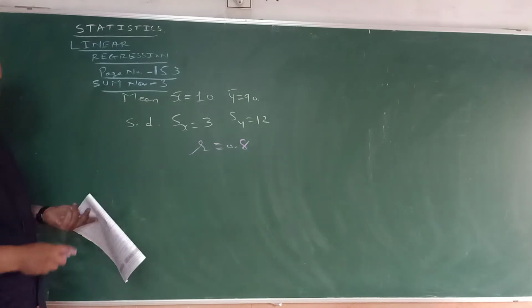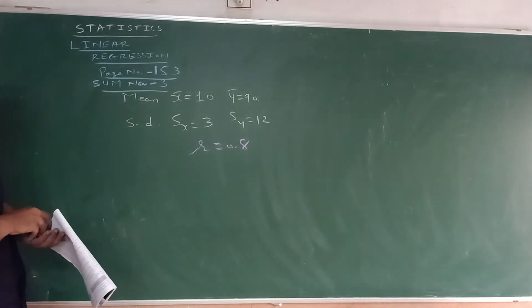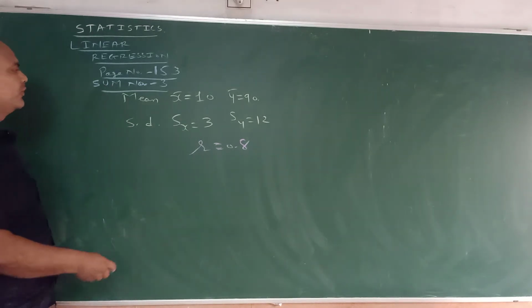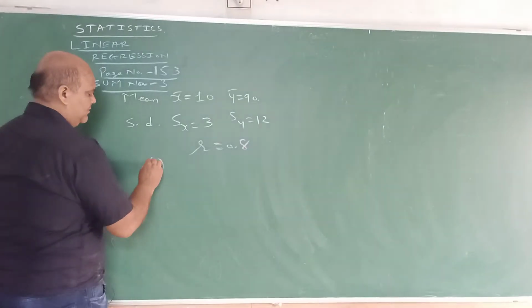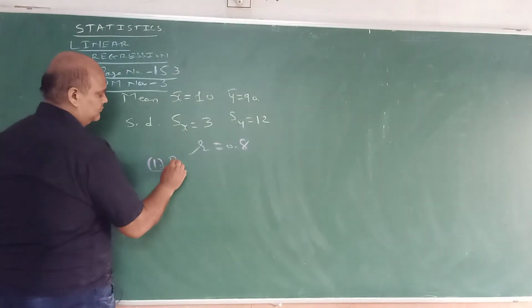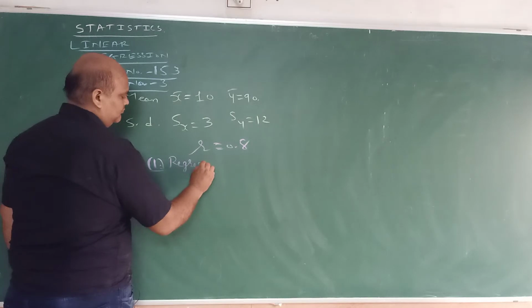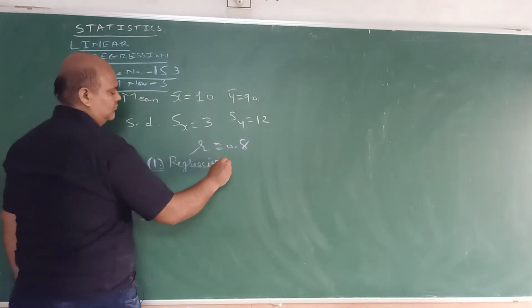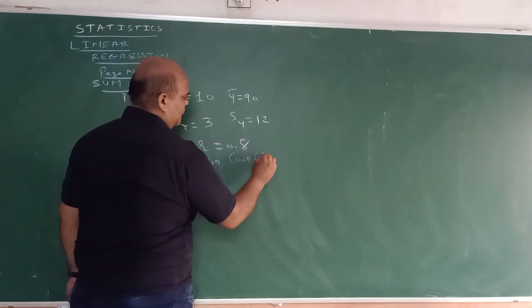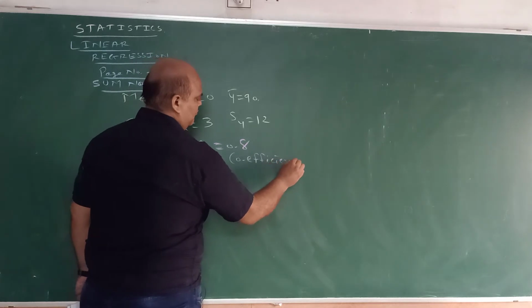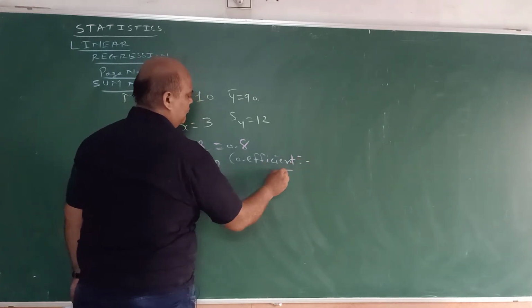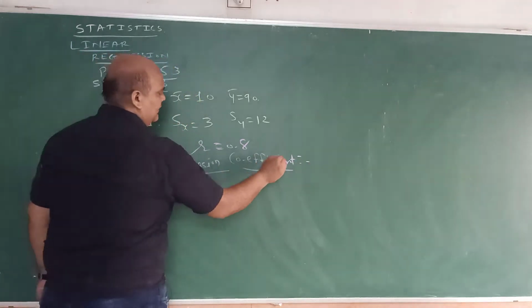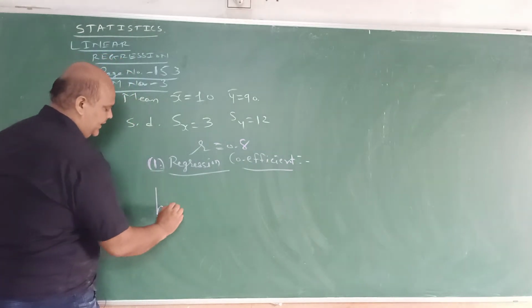First step is the regression coefficient. The regression coefficient is denoted by b.